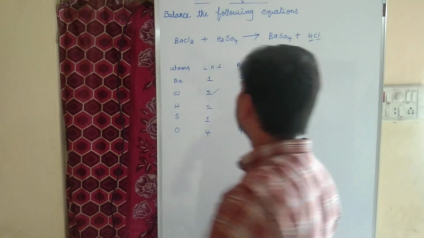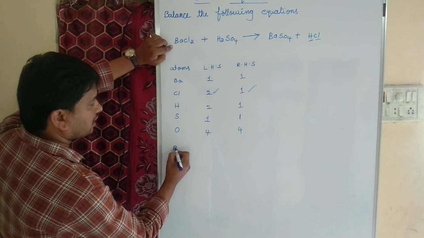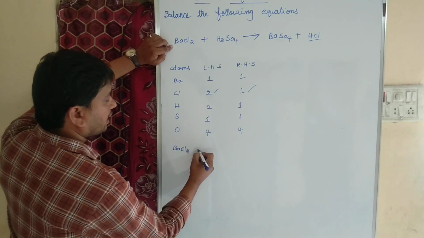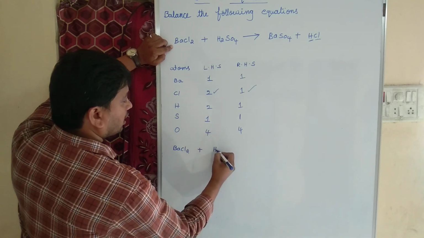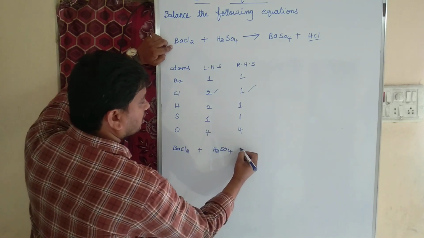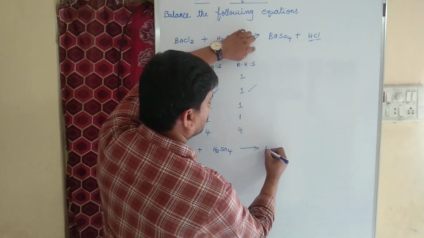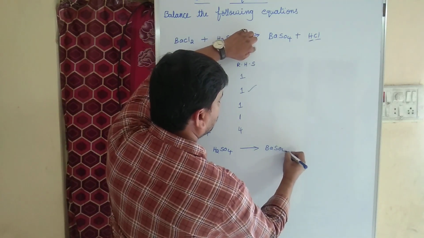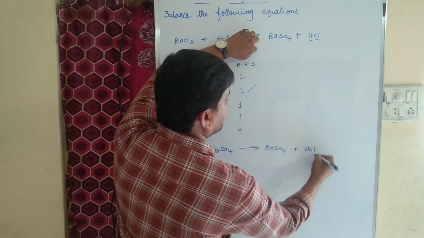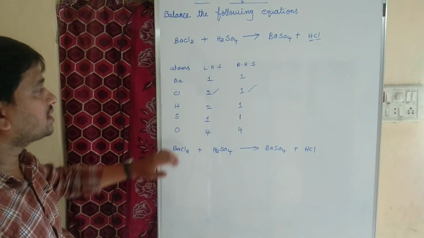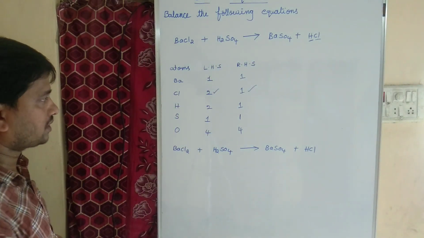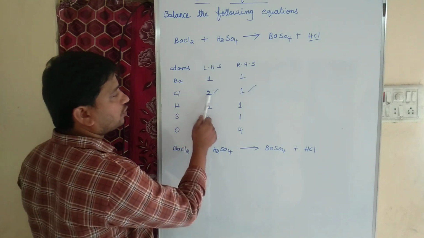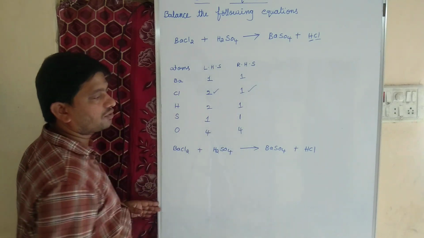Let me write the given equation once again: BaCl2 barium chloride plus H2SO4 sulfuric acid gives rise to barium sulfate BaSO4 plus hydrochloric acid HCl. Now we need to balance the number of chlorine atoms. On the LHS we have 2 atoms of chlorine, on the RHS we have 1 atom of chlorine.